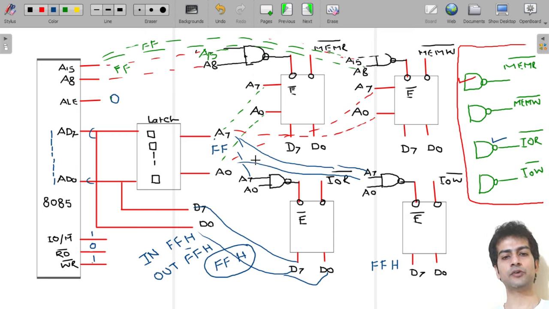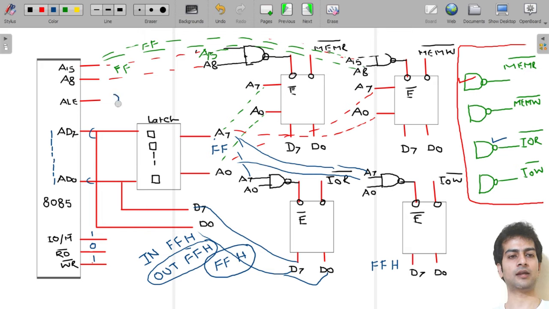Now, similarly, if we want to write data, if we want to perform an OUT operation, then similarly this low order address will come here. ALE will be enabled again.